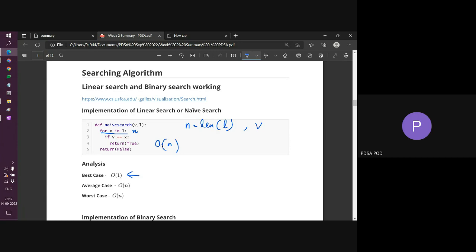Average case is a little difficult to explain. Whatever the possible combinations are, you can do an average case analysis.